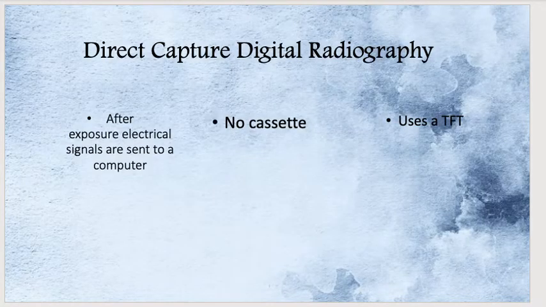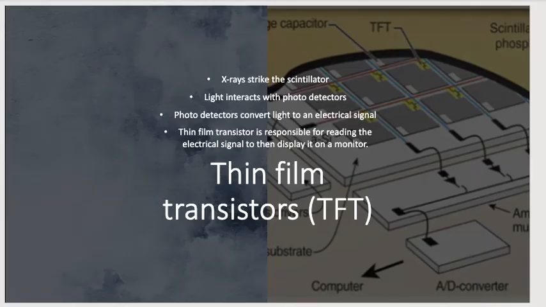In direct radiography, the X-ray exposure is directly converted into a computer with the use of an imaging plate, TFT, and a CCD. A cassette is not used. A thin film transistor is an array of small detector elements known as DELs.